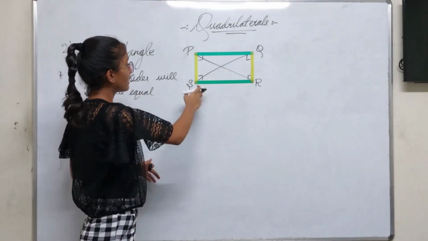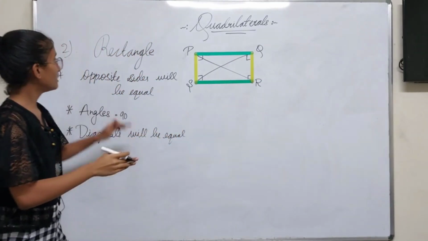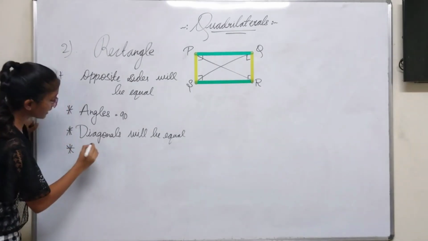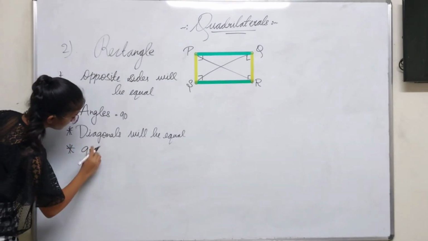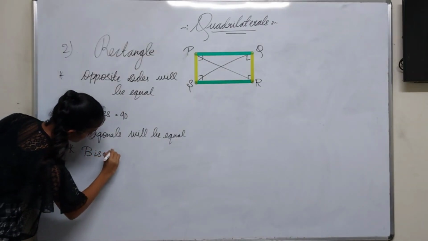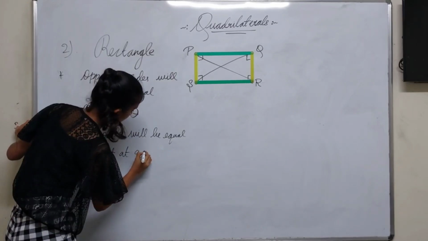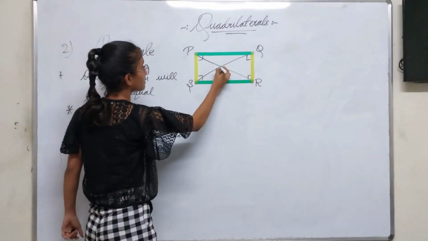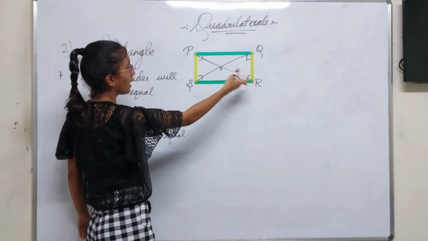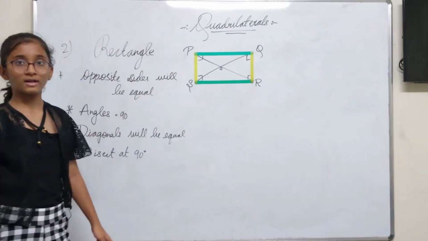So here the diagonals will be PR and QS and they will be equal in a rectangle and they will bisect at 90 degrees. So here POQ, QOR, ROS, SOP, these all will be equal to 90 degrees.